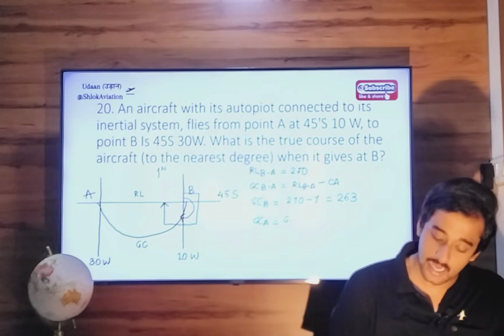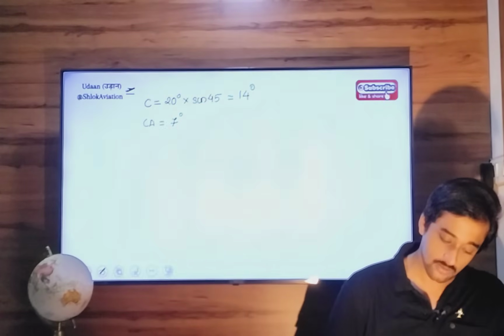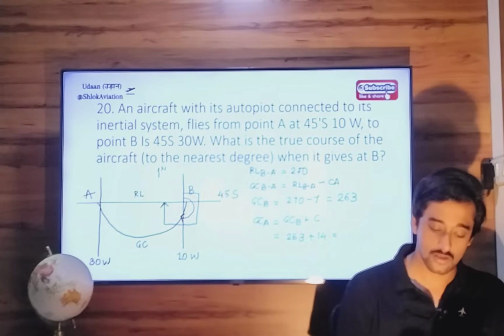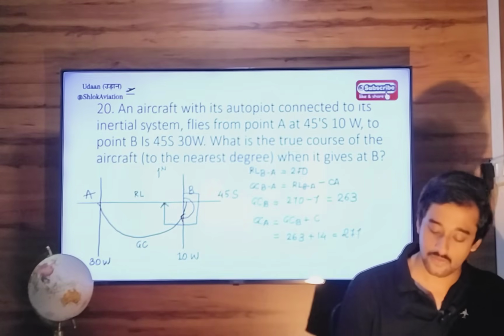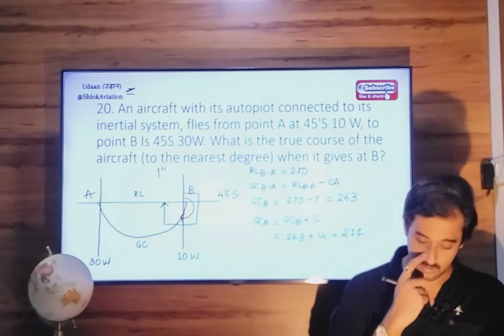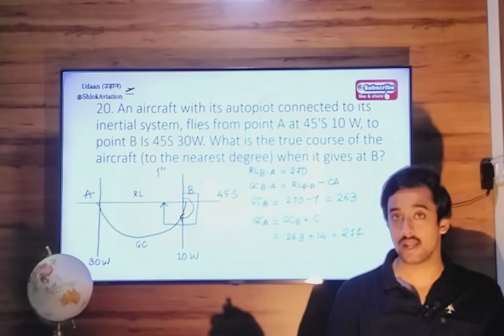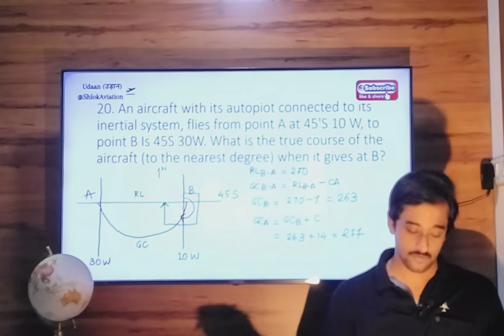So great circle at A will be great circle at B plus convergency. So 263 plus 14, that is 277. So 263 is the great circle at B, 277 is the great circle at A.